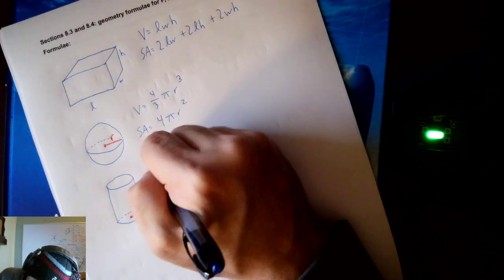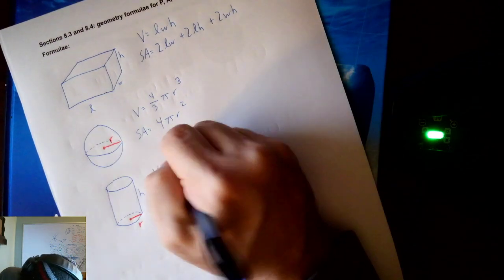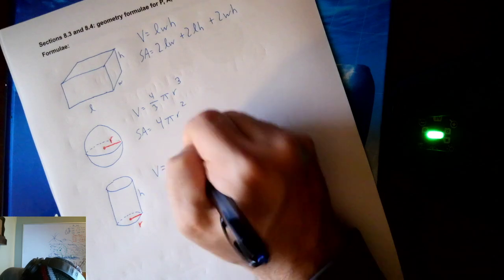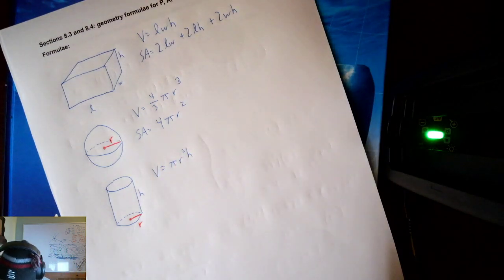Now, the volume of a cylinder is pi r squared h.